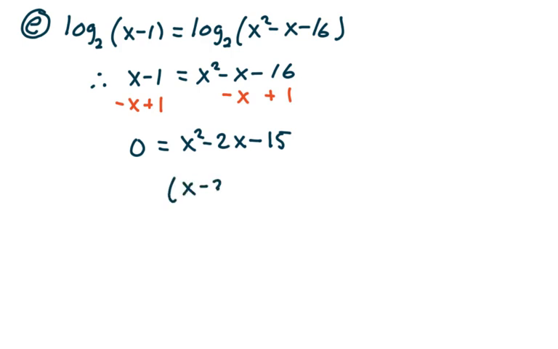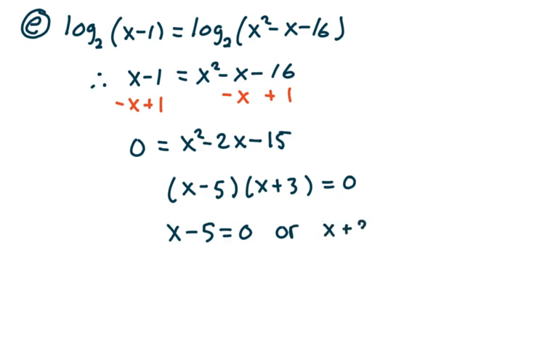So if I factor, it looks like I'm going to get x minus 5 times x plus 3 is 0. So x minus 5 is 0, or x plus 3 is 0. So x is 5, or x is negative 3. And you guys have to pay real attention to this, because if I look at this answer here of x equal negative 3, and I replace x with negative 3, we got a problem.